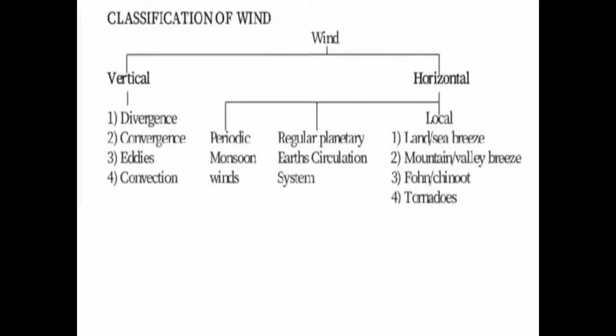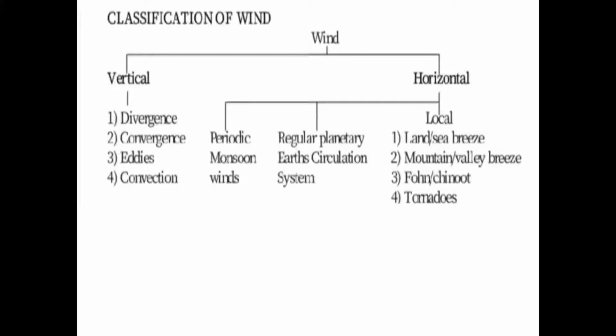So here we have discussed some of the important terms which are related with the wind and the various types of wind. After that we have to discuss the classification of the wind. The wind is mainly classified into two types: the first one is vertical and the second one is horizontal. Again the vertical wind is divided into divergence, convergence, eddies and convection. Then the horizontal wind is divided into three types.